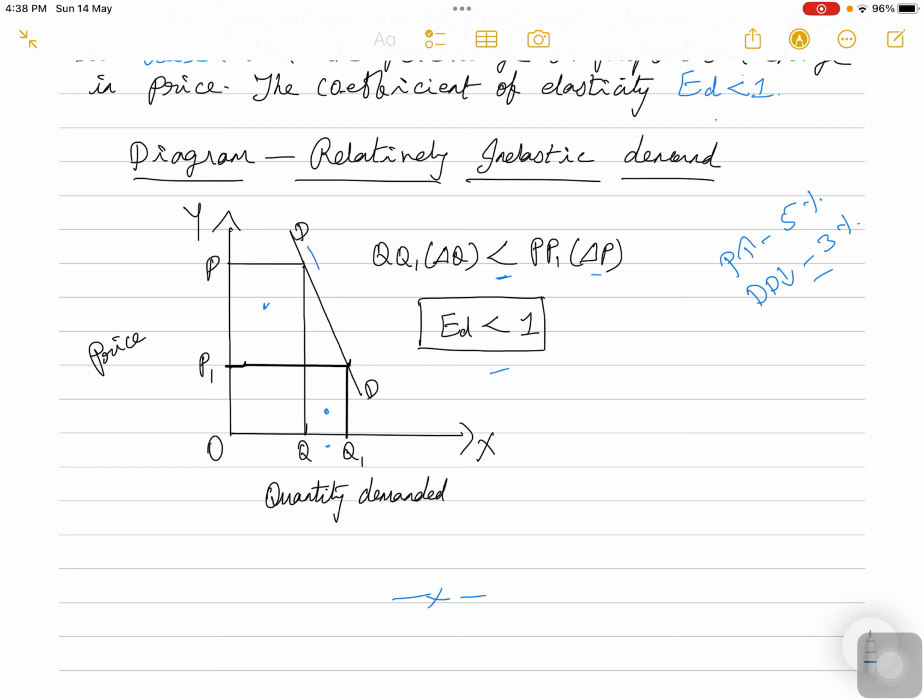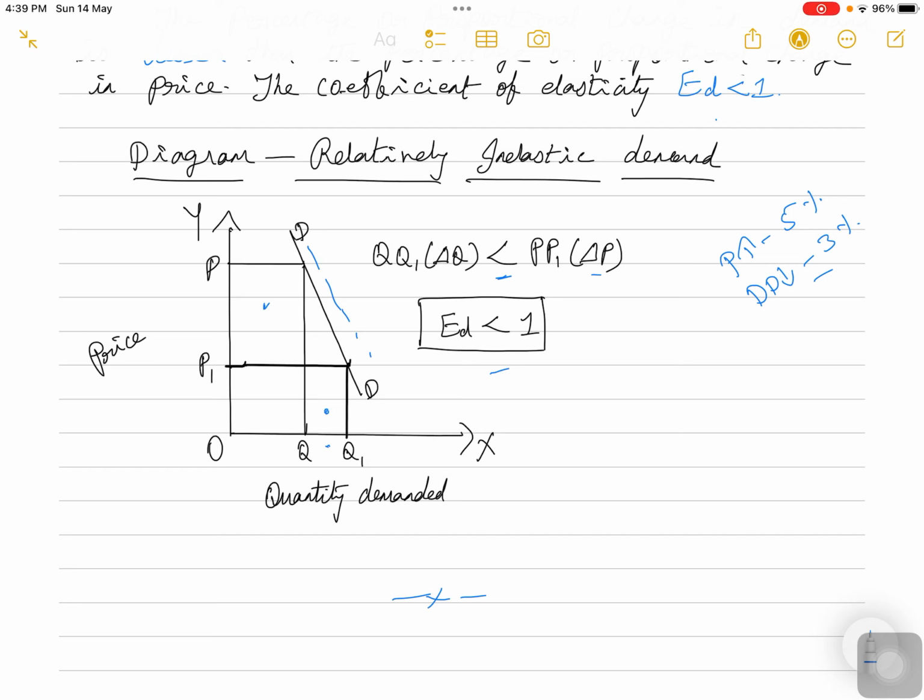And you can see the demand curve is steeper. For relatively elastic demand, the demand curve is more slanting. For relatively inelastic demand, the demand curve is steeper. For unitary elastic demand, it can be a straight line, or it will be in the form of a rectangular hyperbola.